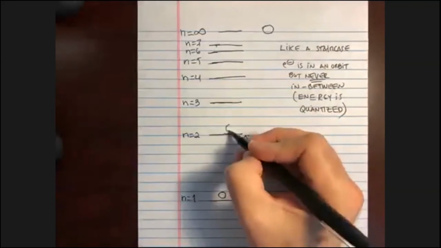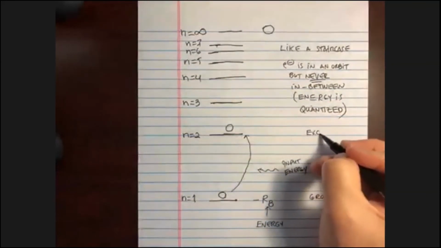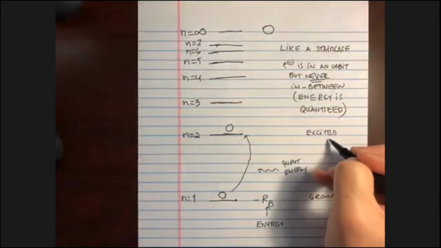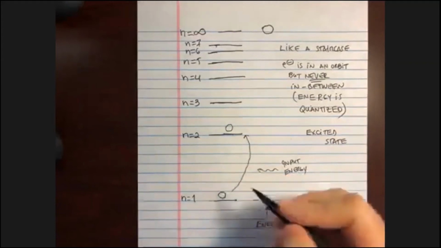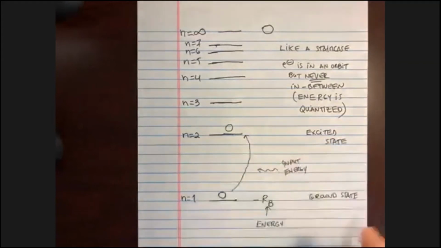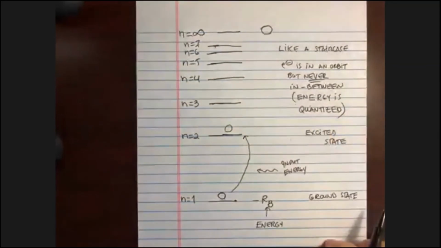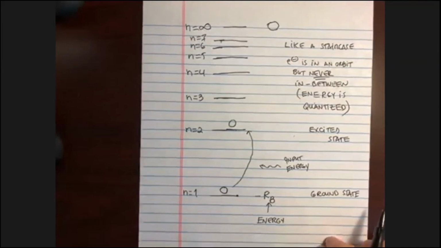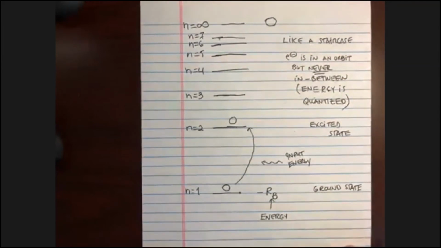We would call this the excited state. Remember, it's a state that has more energy. But by more energy, we mean it's less negative, right? In other words, it's farther from the nucleus. It is not in as stable a position to interact with the nucleus as it was in the ground state.